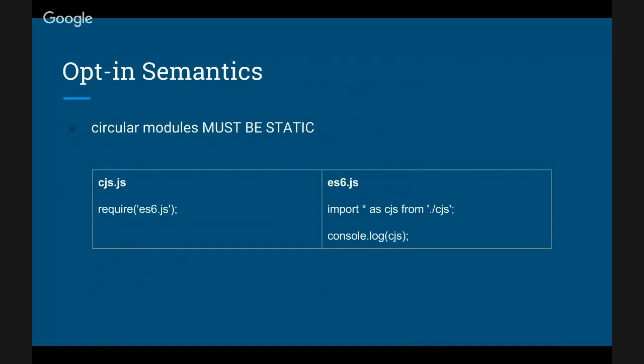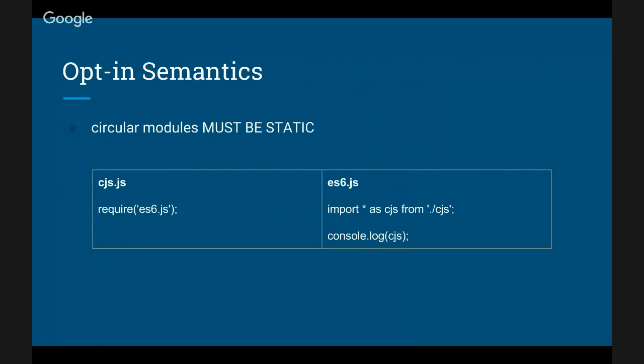The other thing is that circular modules have to be static. You have to be able to evaluate what's going to be exported. So if we have a CommonJS module requiring an ES6 module, the ES6 module will not be able to see the values of the CommonJS module if it's a circular dependency.